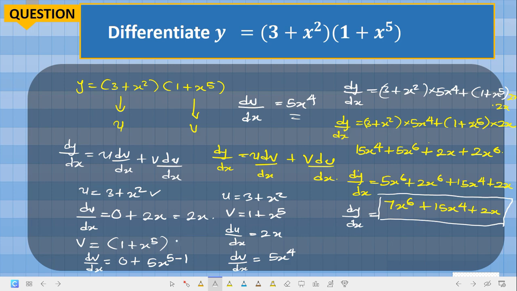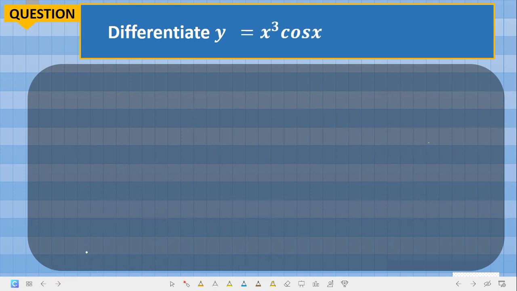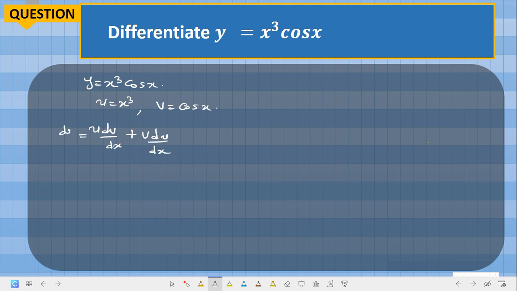Let's take the next question. The next question says differentiate y is equal to s raised to the power of 3 cos s. Now we can say let u be equal to s raised to the power of 3, and then v is equal to cos s. By the product rule, u dv over ds plus v du over ds is equal to dy over ds.